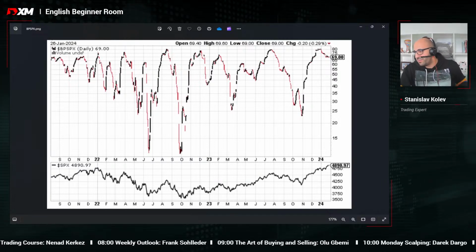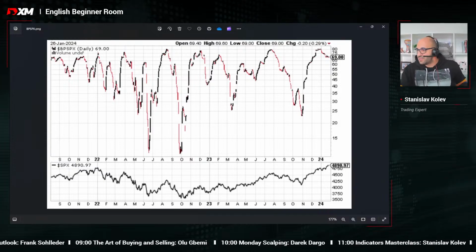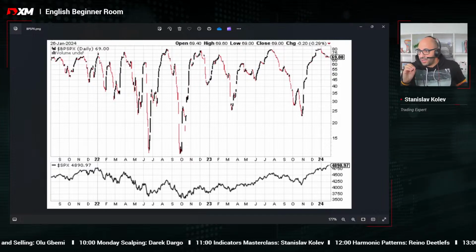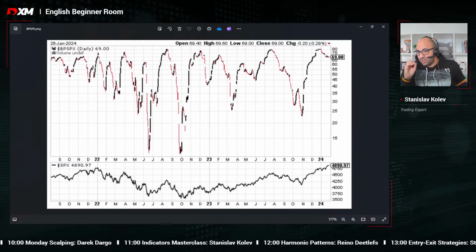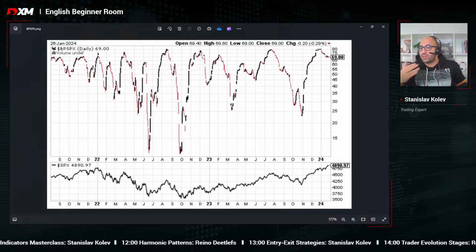If the index is below 50%, it means that less than half of stocks are in an uptrend and the market is weak. It's also not enough to just look at the index. And as I said, you also have to pay attention to the actual chart because you could see huge discrepancy.